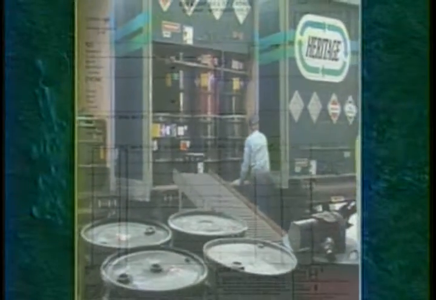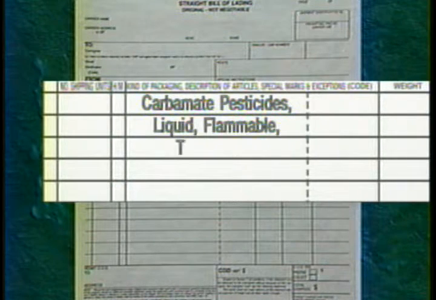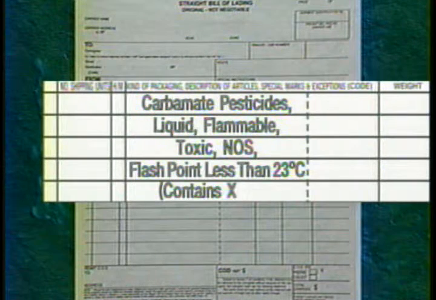However, if the NOS description for the material contains the name of the chemical element or group responsible for the material meeting the definition of one of the hazard classes, only the technical name of the component not identified in the NOS description is entered in parentheses. For example, carbamate pesticides, liquid, flammable, toxic, NOS, flash point less than 23 degrees Celsius, contain xylene.